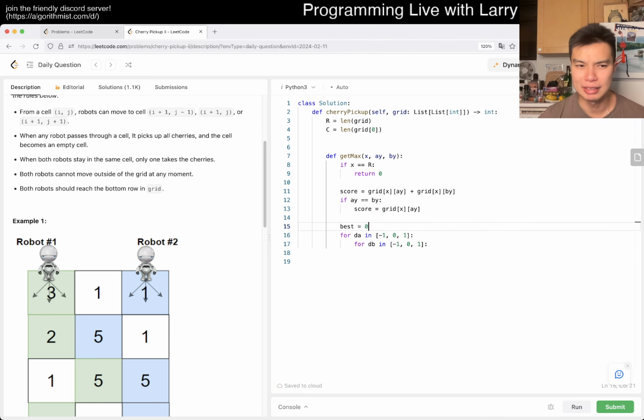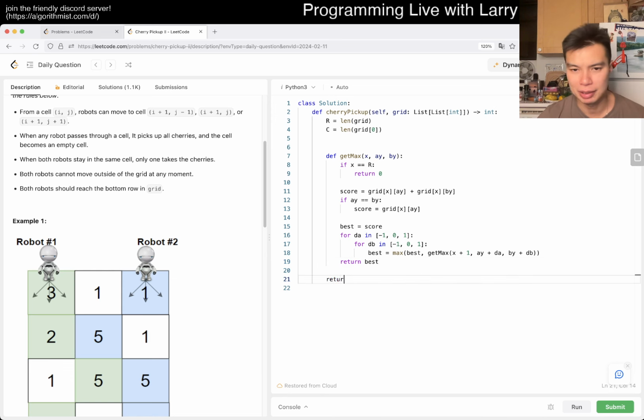It's going to be the current score, but best is equal to max of best and the recursive call. So x plus 1, we move on to the next row, and then a y plus dA, b y plus dB. And that's basically it, right? Maybe I'm off by some stuff here or there, but yeah.